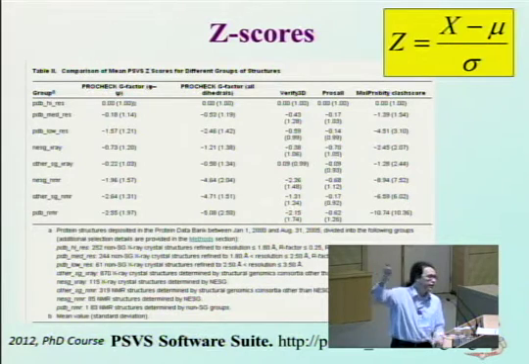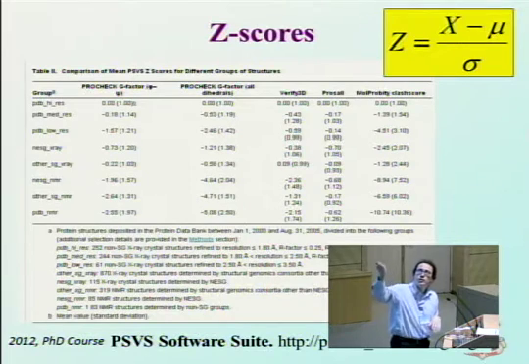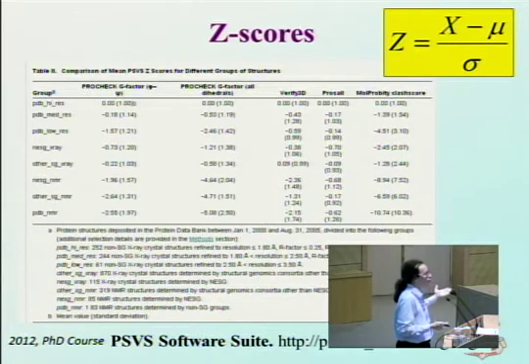So Z means how far away you are from the center of the reference distribution, normalized by the width of the reference distribution itself. Because of course, if the reference distribution is very narrow, even if you are just a little bit away, then it's a problem. If your reference distribution is very broad, then you are a little bit away, but that's not statistically significant. So Z tells you how many sigma deviations you are away from the center of the reference distribution.